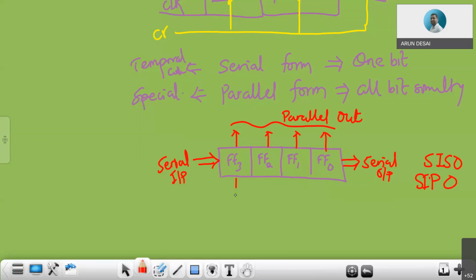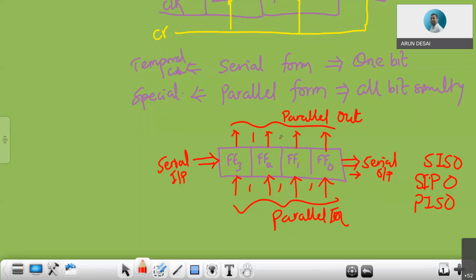Again, you can parallelly store the data and serially get out that data. So parallel in, serial out arrangement is also there. Again, you can have parallel in and parallel out, right? This type of arrangement is also there.